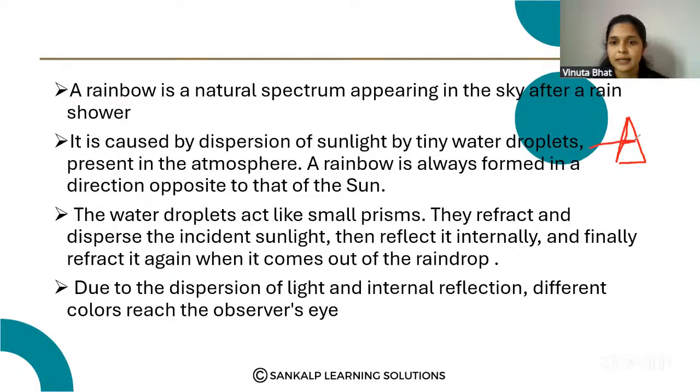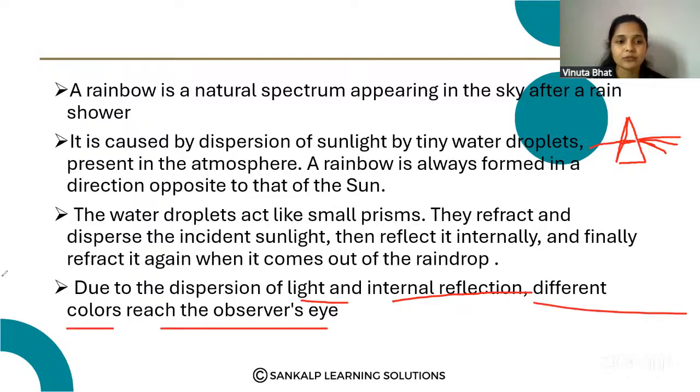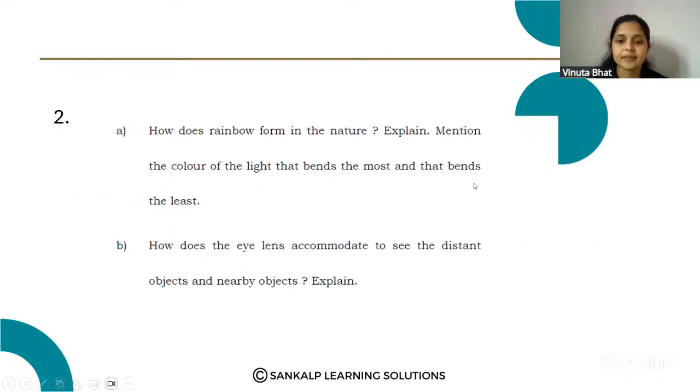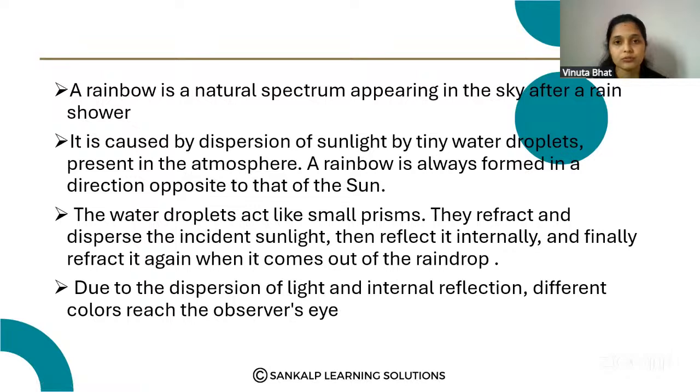Then internal reflection takes place, and finally it refracts again. Due to the dispersion of light and internal reflection, different colors reach the observer's eye. So that is how the rainbow forms in our nature.